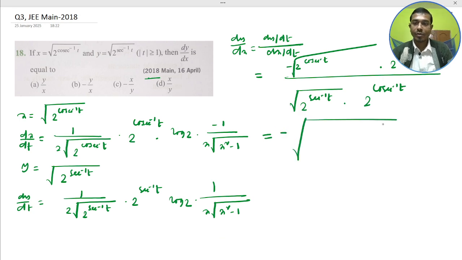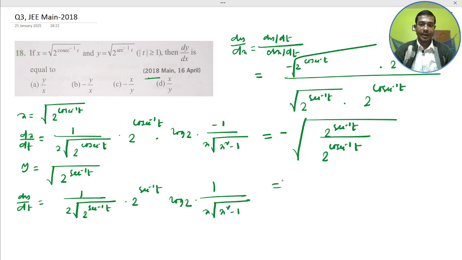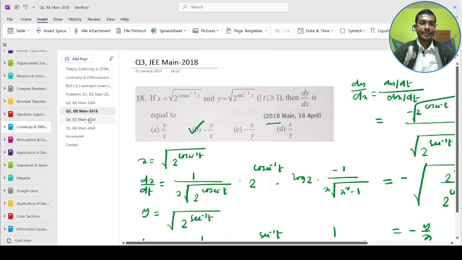Minus, common, root over 2 to the power sec inverse t divided by 2 to the power cosec inverse t. Just put this value here. Here x square equals 2 to the power cosec inverse t, and the root and square would vanish, so it would be minus y by x. Option B would be correct. Minus y by x. Go ahead.